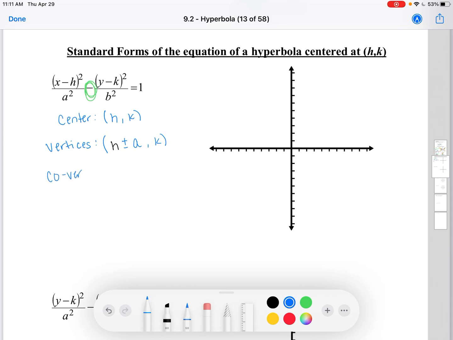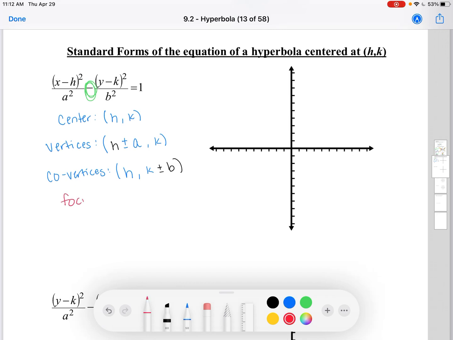When I get to my co-vertices, however, now that my x is taken care of because I've talked about a, now I'm going to keep my h the same, and my k is going to get affected, but not by a, but rather by b. Again, because my y value is paired with k, and in this case, k is also paired with b.